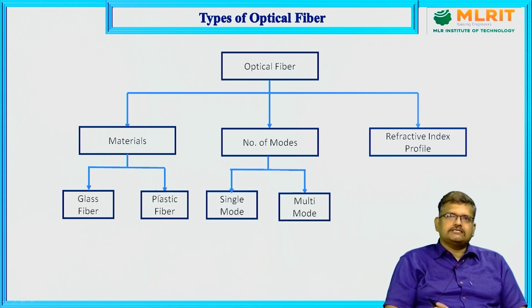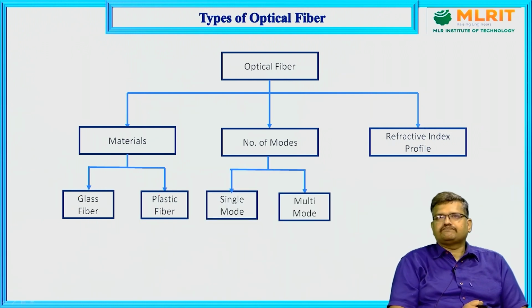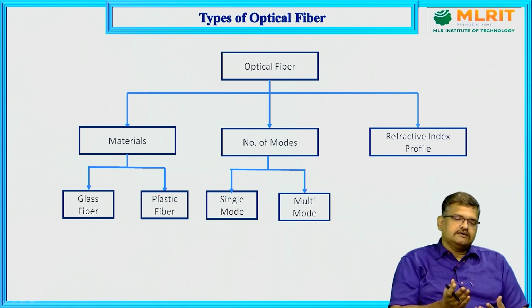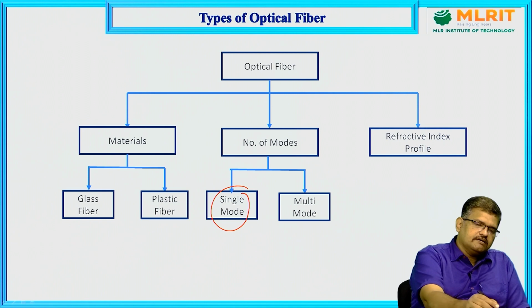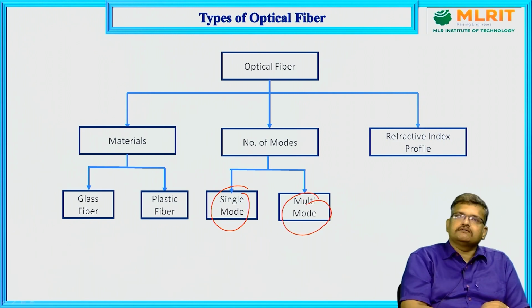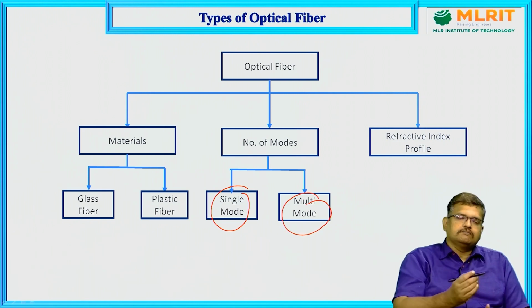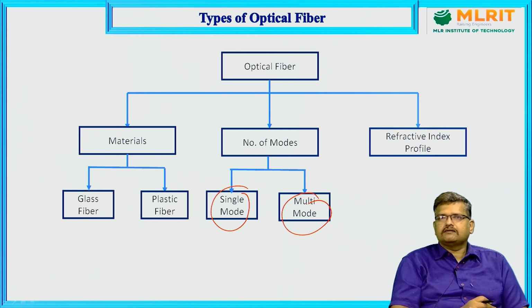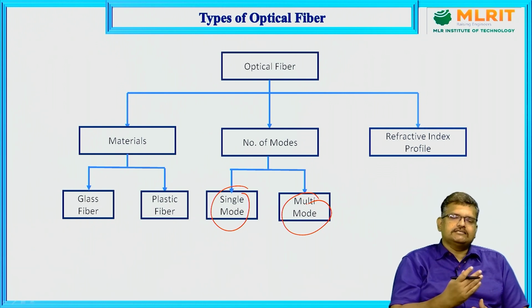Now, based on the number of modes, that is, how the signals propagate, we can differentiate single mode fiber and multi-mode fiber. In a single mode fiber only one signal can propagate, while in a multi-mode fiber many signals can propagate at a time in a single core.